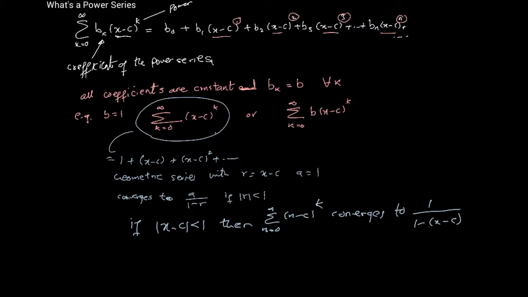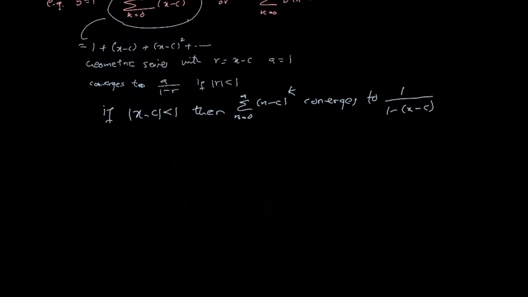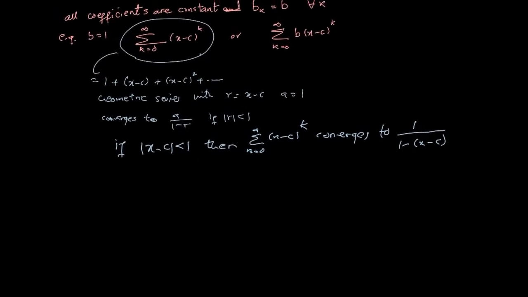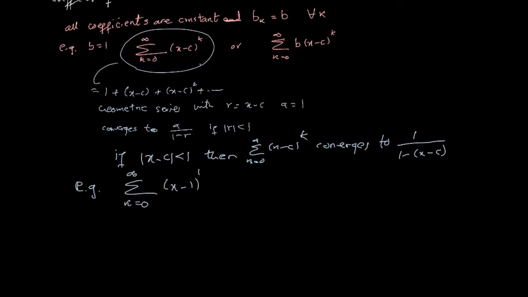Now if I look at an example, it becomes even easier to see. So let's do an example here: the sum of (x minus 1) to the k.